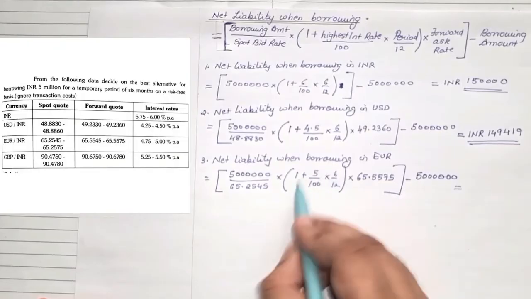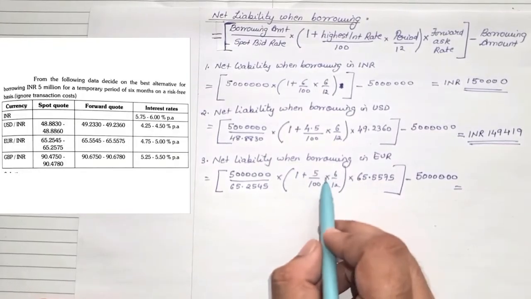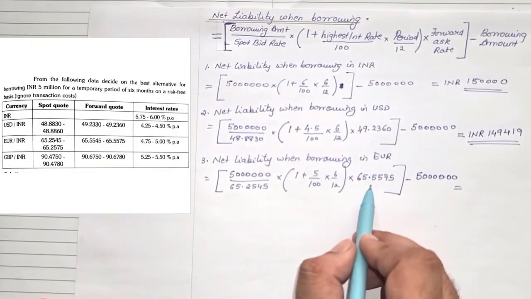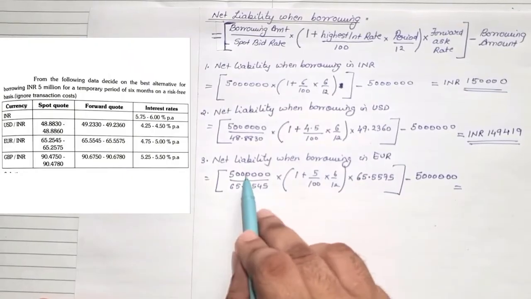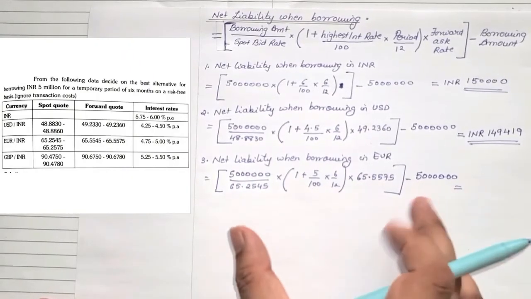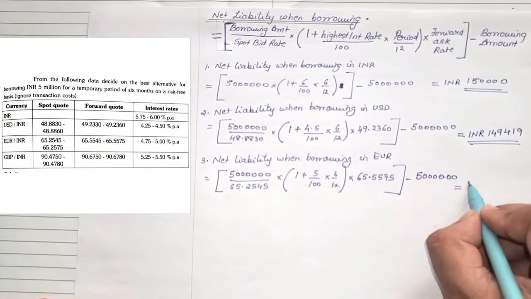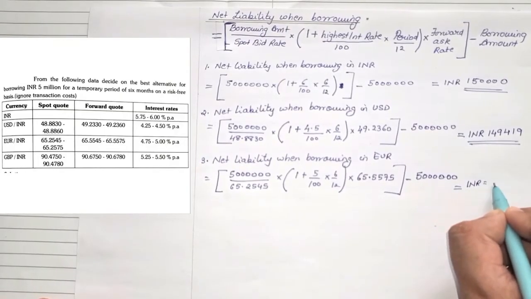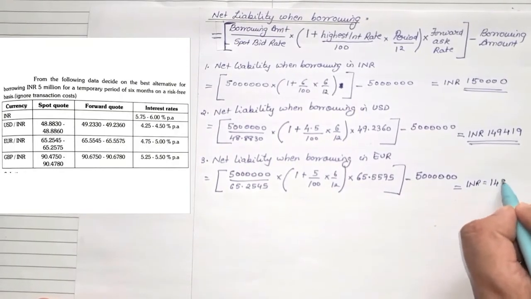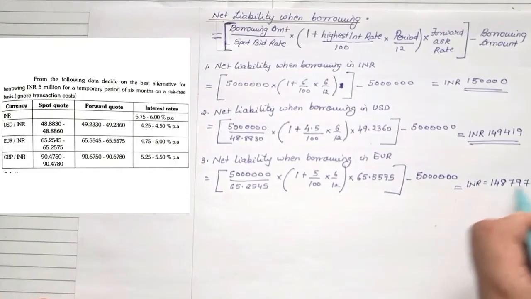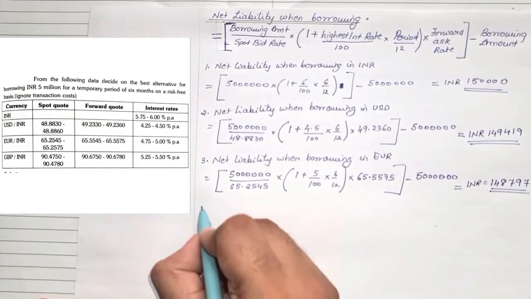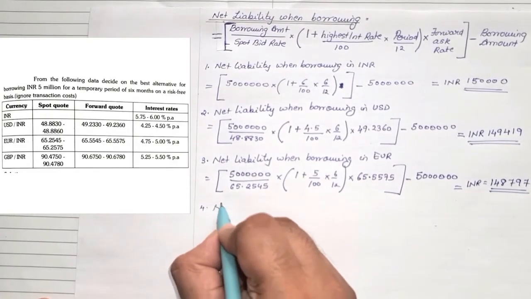Again, you solve the whole part: multiply, divide, add it with 1, multiply with the forward, divide by the spot, into the borrowed amount. You get one value, and after subtracting 50 lakhs, you should get the answer as rupees 1,48,797.